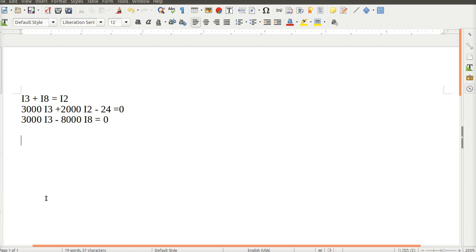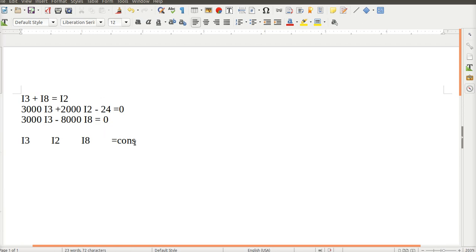Now what I want to do is build what we call a coefficient matrix. So I'm going to start out with an I3 column, an I2 column, and an I8 column. And then what I like to do is put in my equals and my constants, because I do have a constant in these equations.